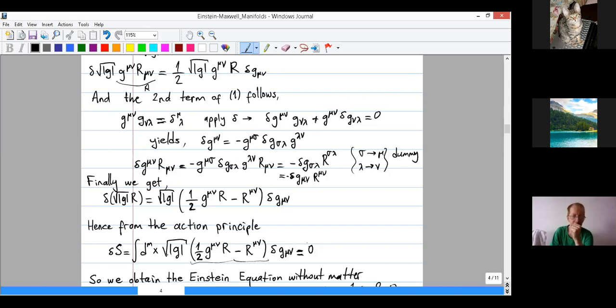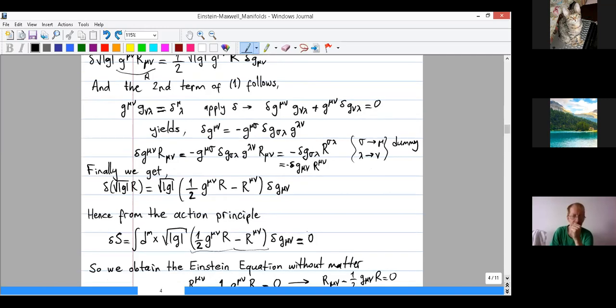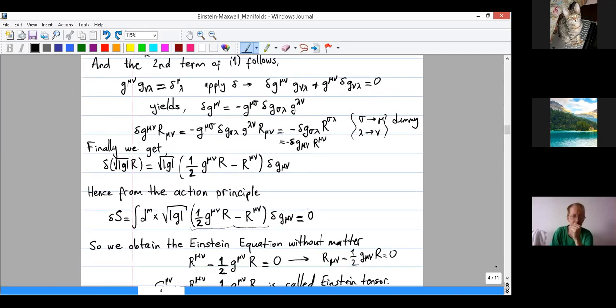And for the left-hand side, first you apply the variation to the inverse metric and then to the metric. So this yields delta G mu nu inverse metric becomes equal to this part. We again applied some index change in order not to confuse some of the repeated indices.